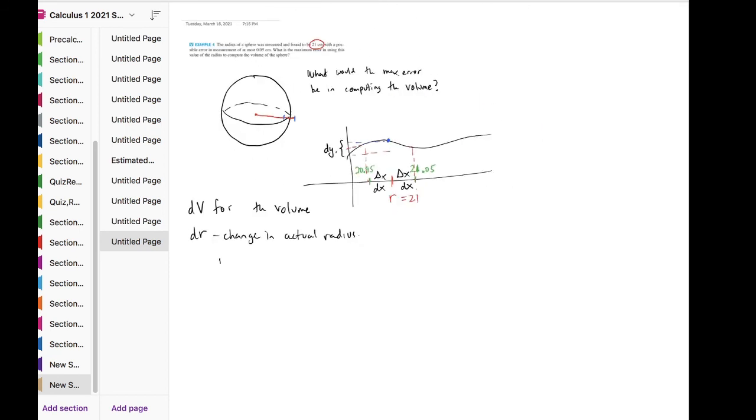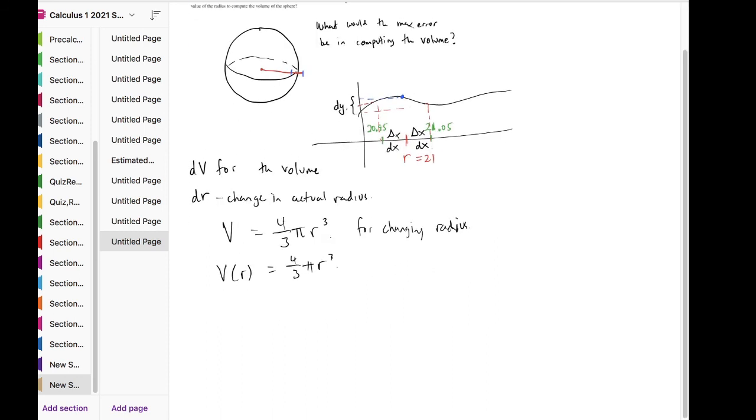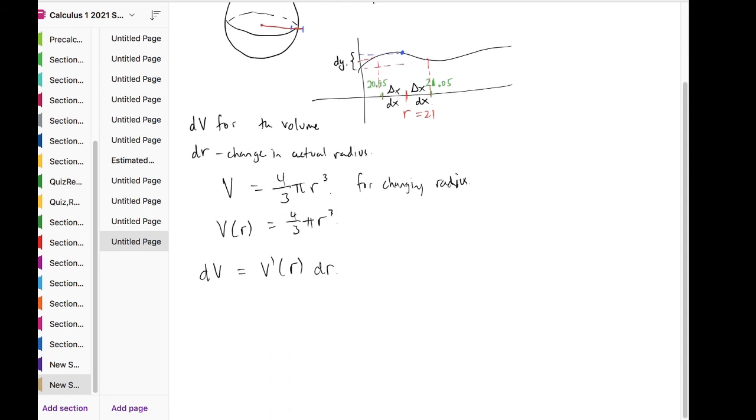And notice that if you change the radius, the volume is a function of r. So that means we can take the derivative with respect to r. So when we find dV, it will be equal to V prime of r dr. So this is the differential of V.